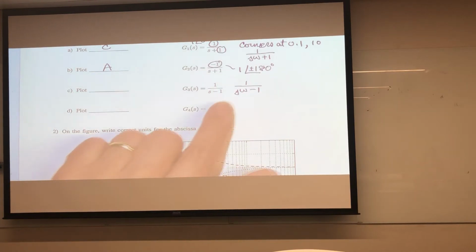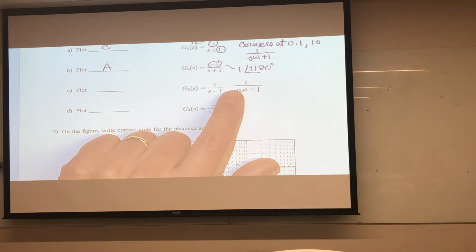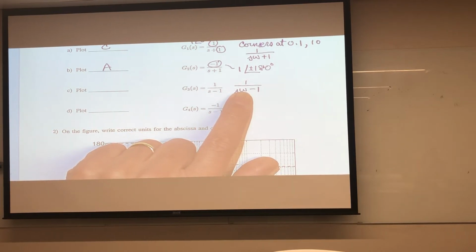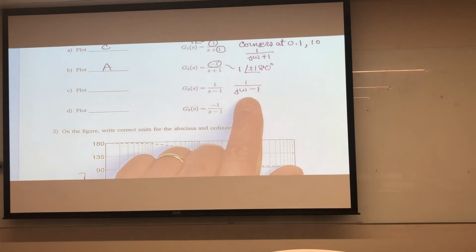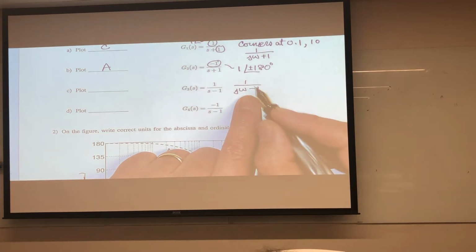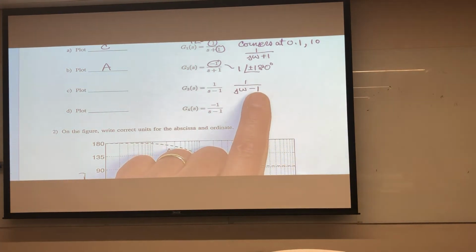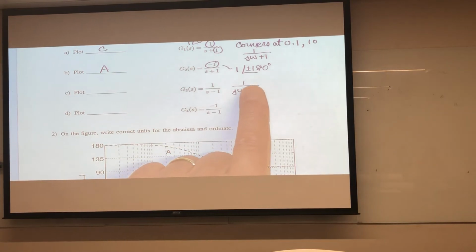Now, which one will it be? Well, what we could do is stick a number in here, try some other omega. You could maybe try j equal to 1 or something else. Or we could take a look at when omega is very, very, very large. When omega is very large, this thing looks like 1 over j omega, it overwhelms this.